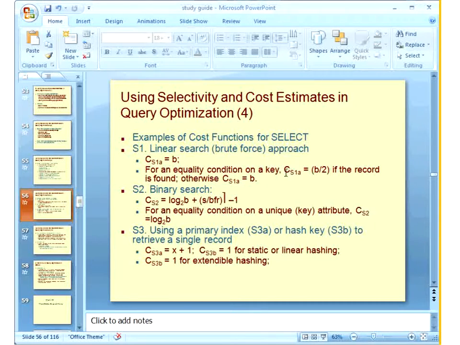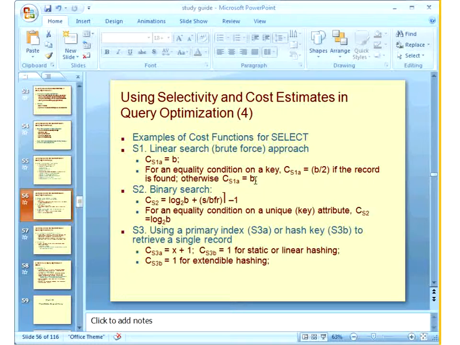Equality condition on P: if the record is found, then it is B/2, otherwise it's B. Because if it's not found, then we will have to search the whole set of blocks. So no need to calculate the time required, just the average block numbers.